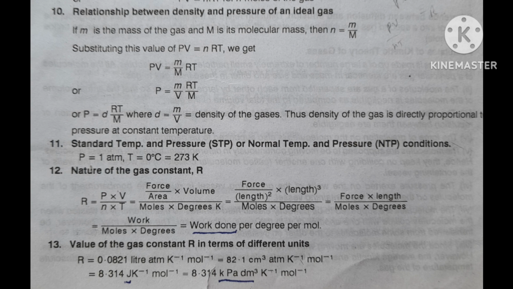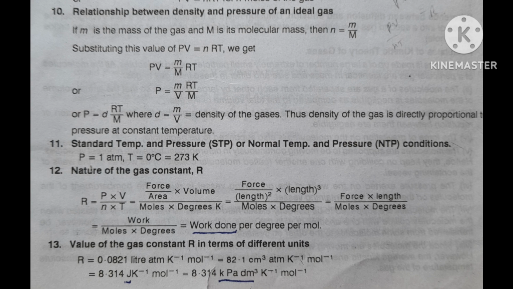Then what are the conditions of STP or NTP? Pressure should be 1 atm, the first condition. Temperature should be 0 degree centigrade, or in terms of Kelvin, 273 K. Correct? 273 K is 0 degree centigrade.